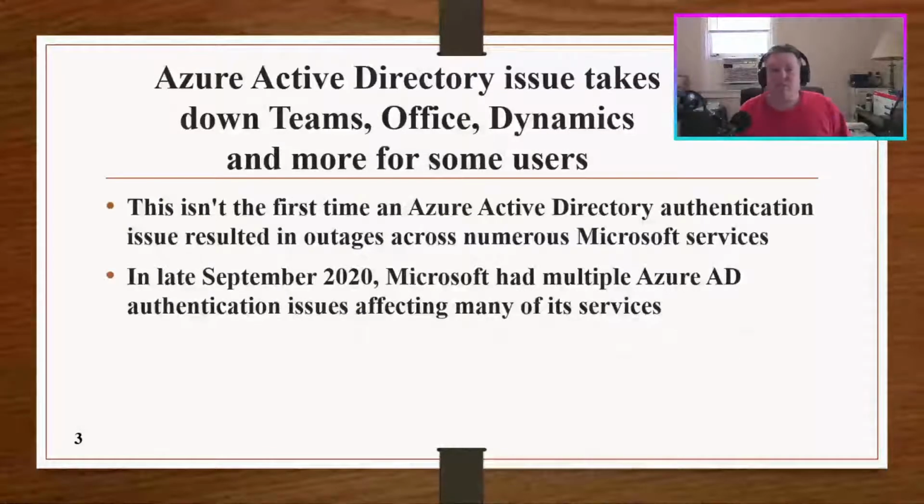This is the first time an Azure Active Directory and Microsoft authentication issue resulted in outages across numerous Microsoft services. This has happened before. In late September 2020, Microsoft had multiple Azure AD authentication issues affecting many of its services.